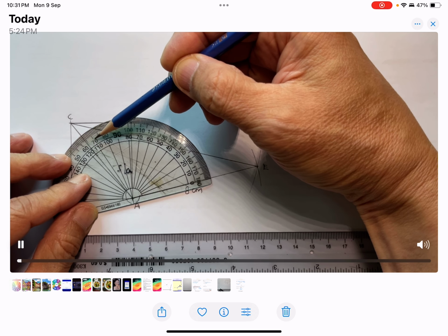Alright, G is a point on CD produced. CD produced means we extend CD. So extend CD up to G, and G is the perpendicular distance from B. Right, perpendicular distance from B, that gives BG.